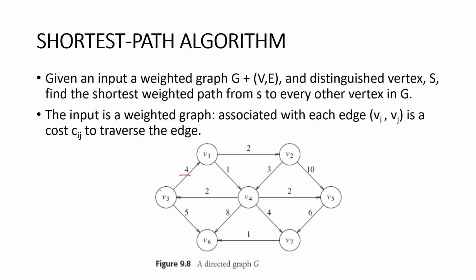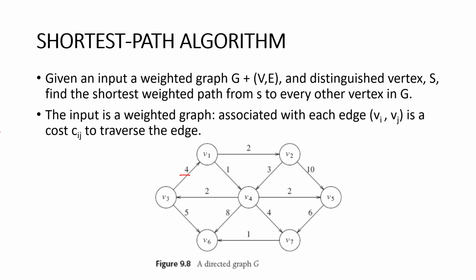So whenever we have such a graph with some edges which have weight in them, then we will be given the source vertex and the destination vertex, from which vertex to which vertex we want to traverse, and then there might be different possible paths.